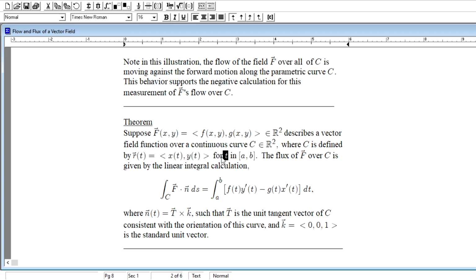Right? And this is all for values of t, the parameter, in the interval from a to b. Well, the flux of the field over C is then given by this line integral calculation.